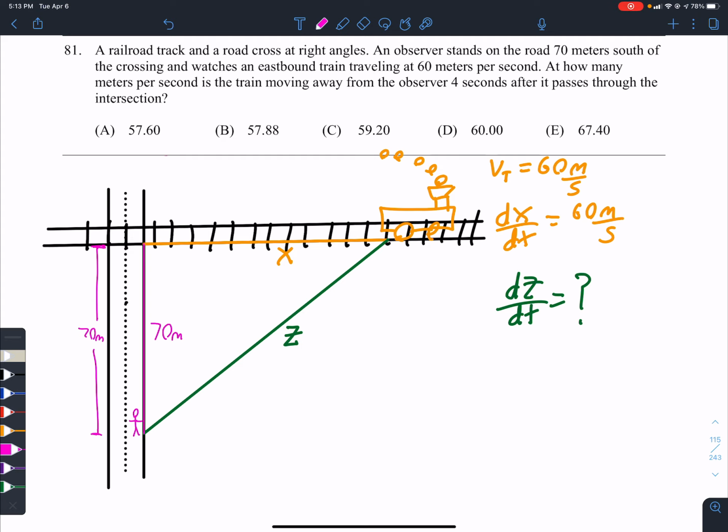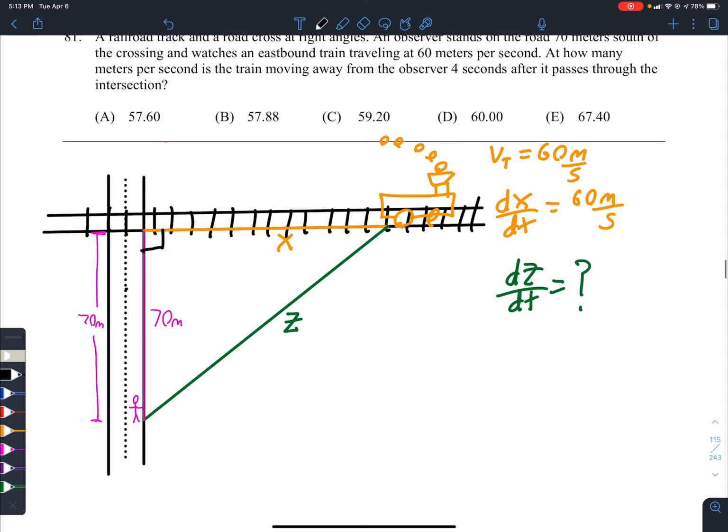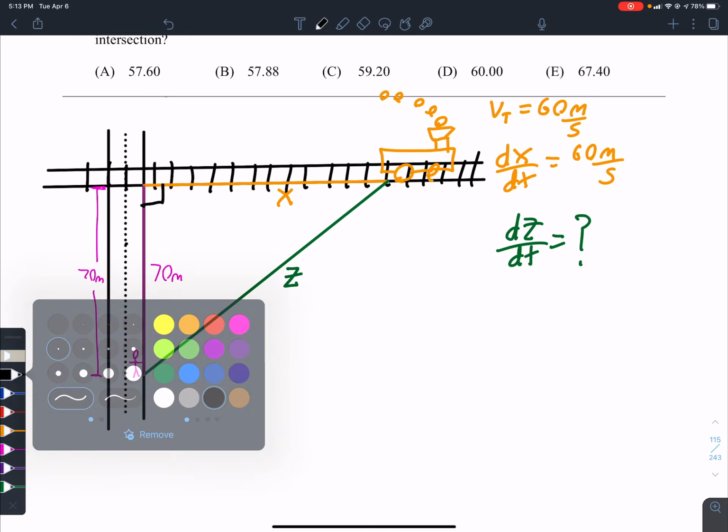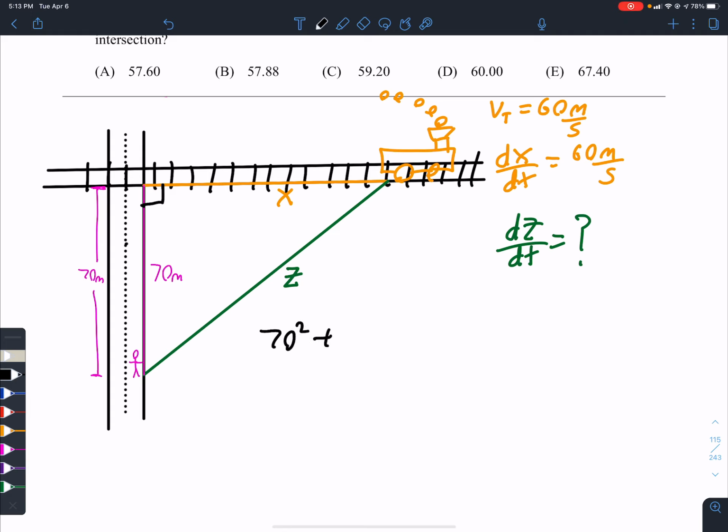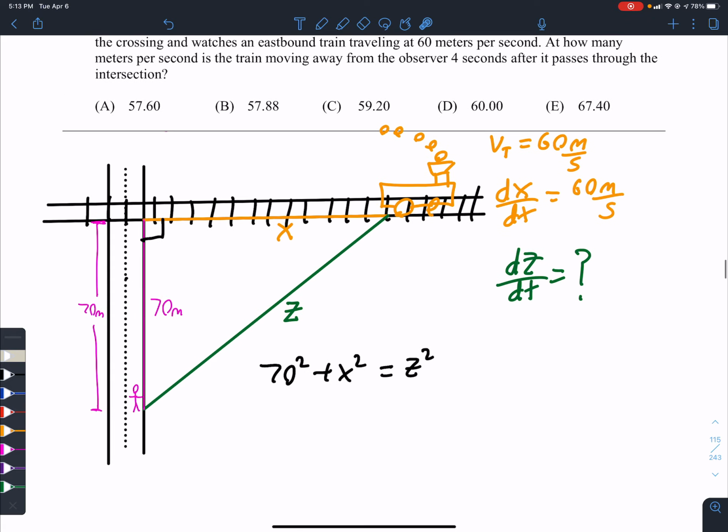All right, now I need an equation that involves x and z, and quite clearly, hopefully you can see it's the Pythagorean theorem. So we're going to say 70 squared plus x squared equals z squared. Now the reason I put 70 here is because it's not changing, this person's standing there, but x and z are both changing, so they're variables.